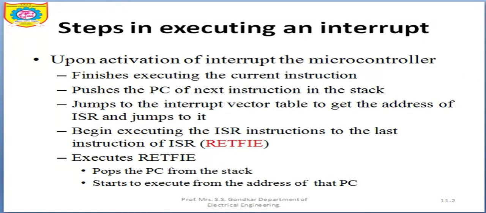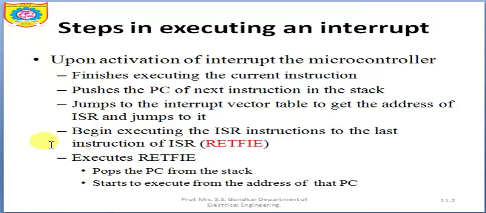So here are some steps. Upon activation of an interrupt, the microcontroller has to do the following things. It finishes the execution of the current instruction. It then has to push the program counter of the next instruction onto the stack, jump to the interrupt vector table to get the address of the ISR and jump to it, and begin the execution of the ISR instructions.